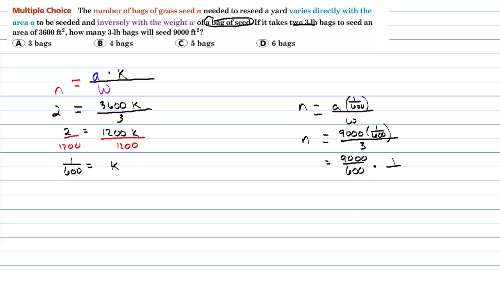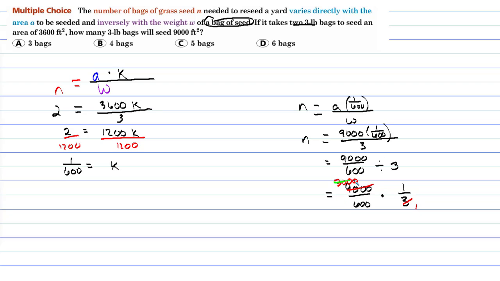Let me take that back a step. Where that came from is this was divided by 3, which when we divide, that means we keep, change, and do the reciprocal of the other. And so reduce what can reduce. 9,000 divided by 3 gives you 3,000.